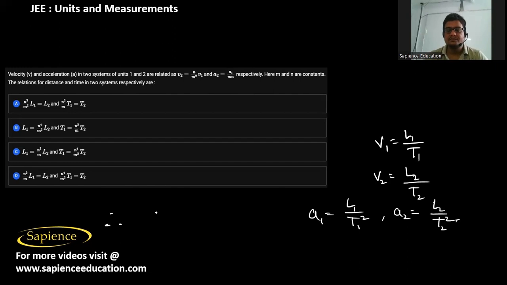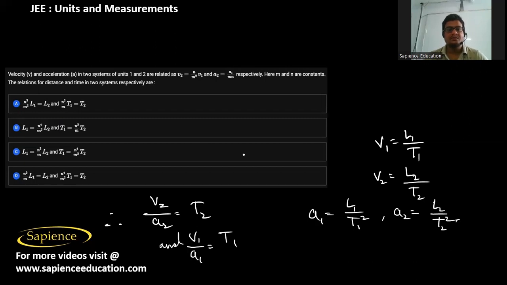Therefore, if we do v2 by a2, we will get T2. And similarly, v1 by a1 will be equal to T1.